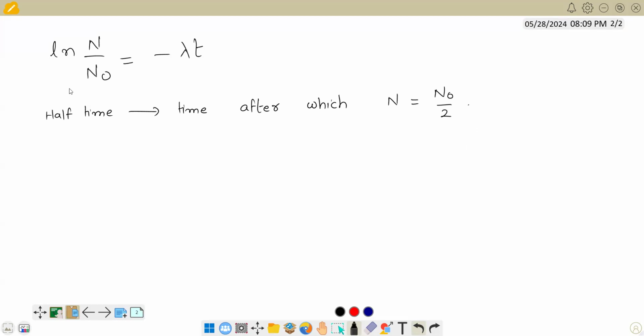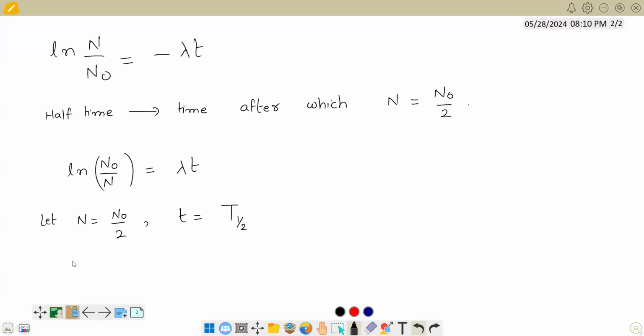Now let me take this negative sign to the other side. We'll get ln N naught by N equals lambda into t. So let us substitute N equals N naught by 2. Then t is called half time, generally indicated with t half.